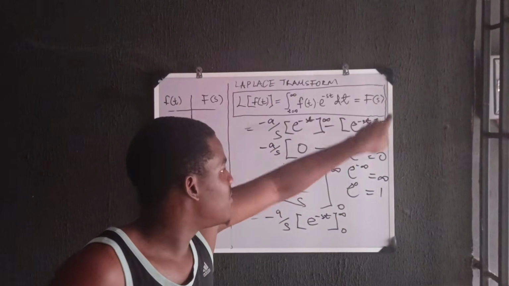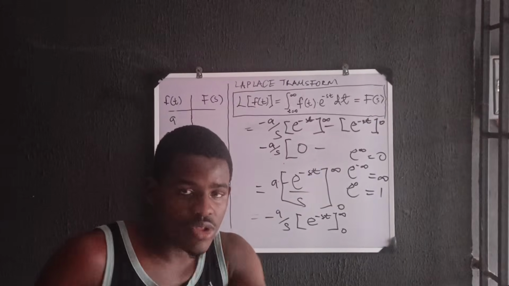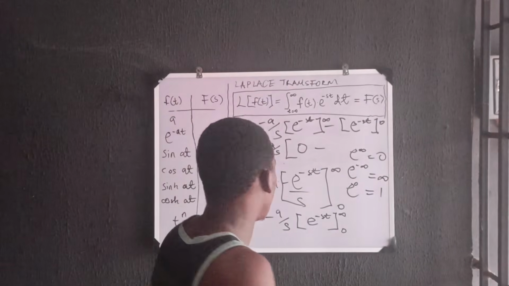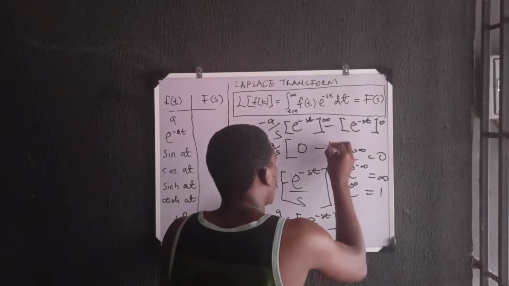Now e power negative st at t equals 0, that is e power 0, is going to give us what? You got it, 1, because that one is simple.